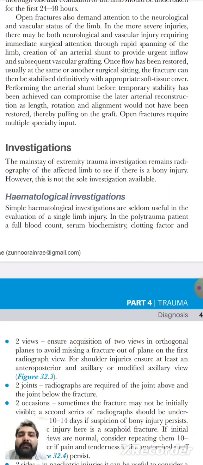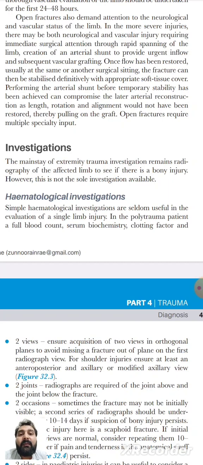Summary is that if we have any vascular injury like injury to the popliteal artery, first we will span the bone and fix it, then we will repair the artery with the graft, and then later on we can do the definitive treatment for the bone and cover the soft tissue, skin coverage.